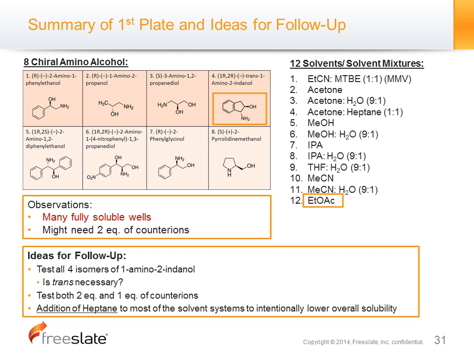In this case, as you will see in the next slide, we add heptane to a lot of our screening solvents to intentionally lower the solubility. Whatever the solvent is, we add a one-to-one amount of heptane to make sure the solubility is low enough. Hopefully, one of the salts will not be soluble.